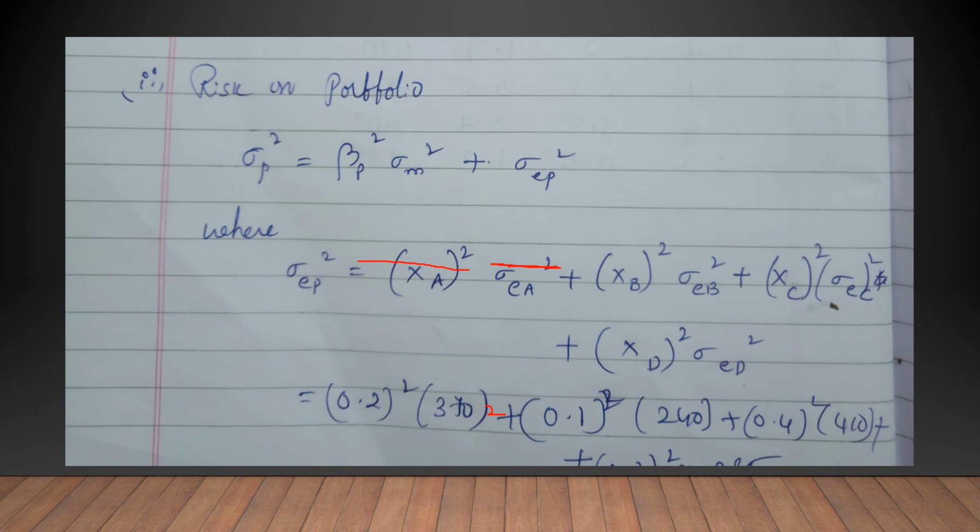So this is about unsystematic risk. This part is unsystematic. Total risk is equal to systematic plus unsystematic. For unsystematic risk, you take the weights of the securities with their values given in the question.